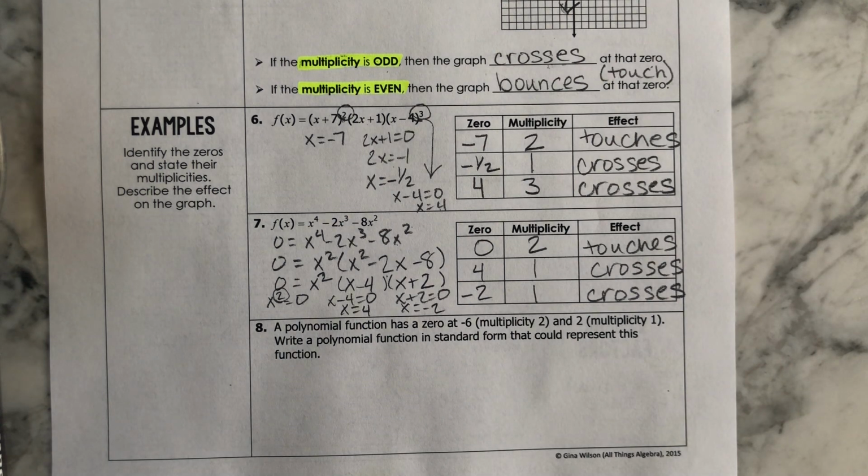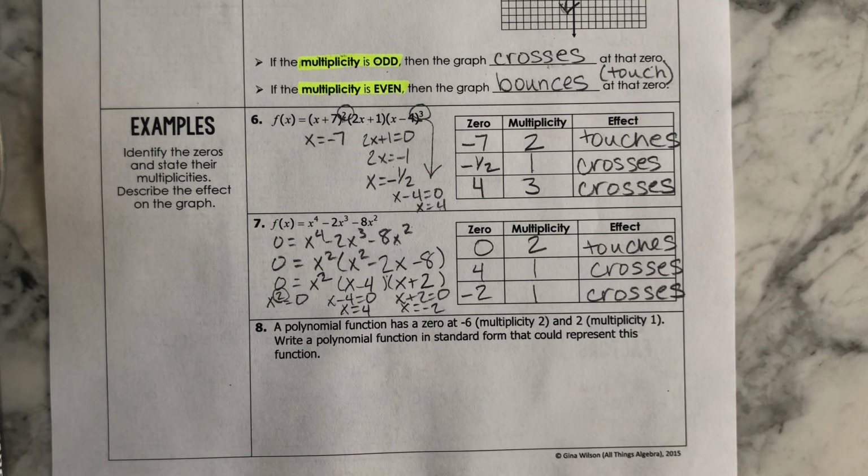All right, number 8, you don't have to know this, but it is kind of fun to make these connections. So I'll just go through number 8. It won't be on your quiz, but let's just make these connections. So number 8 says a polynomial function has a 0 at -6 with a multiplicity of 2. And then another 0 at 2 with a multiplicity of 1. And based on that information, we're going to give the polynomial function.